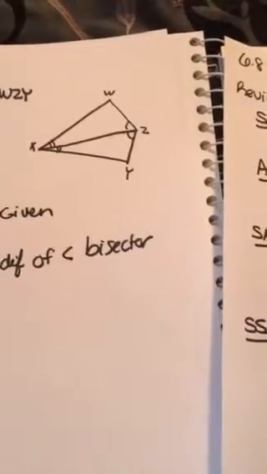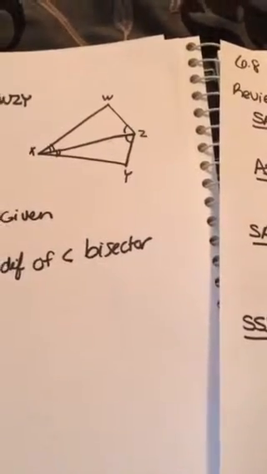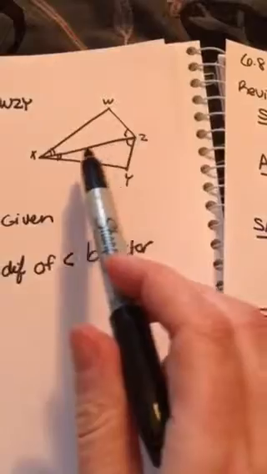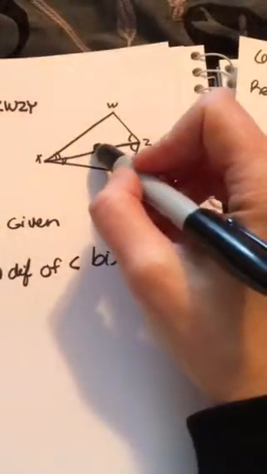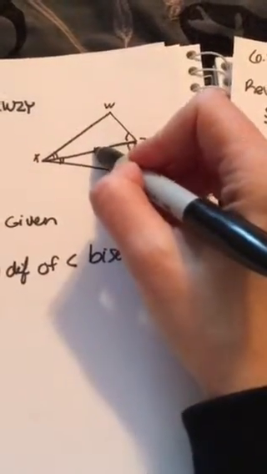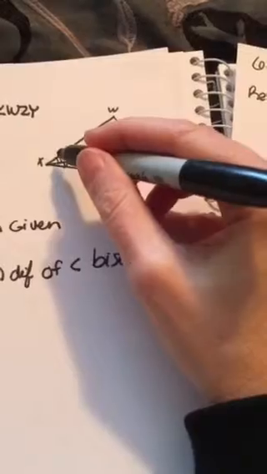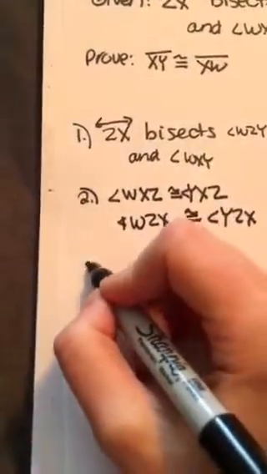Angle side angle tells me the included side. Side angle angle says it can be one of the other two sides. I can tell that YZ is congruent to itself, so right there, that's going to give me angle side angle. So that's what I'm going to write next.